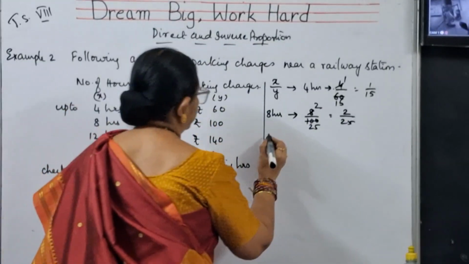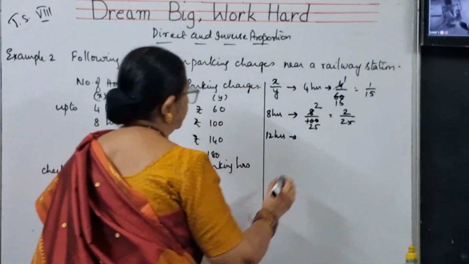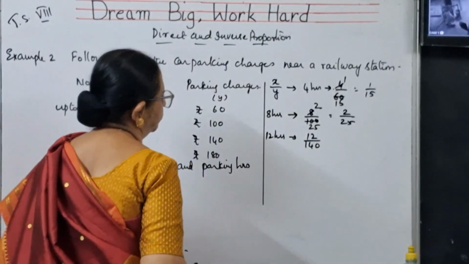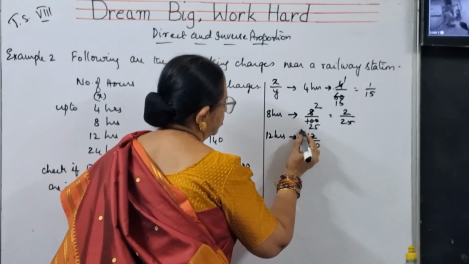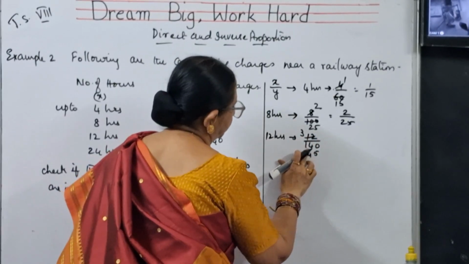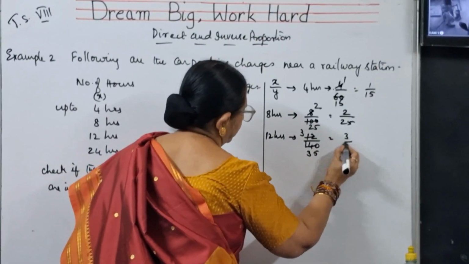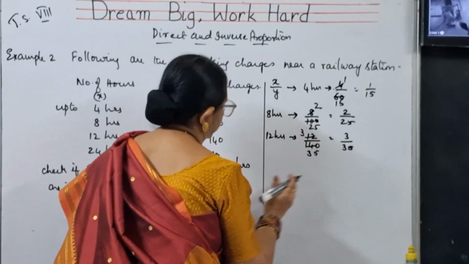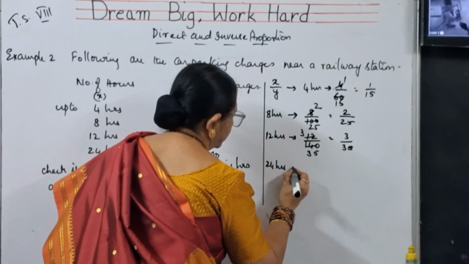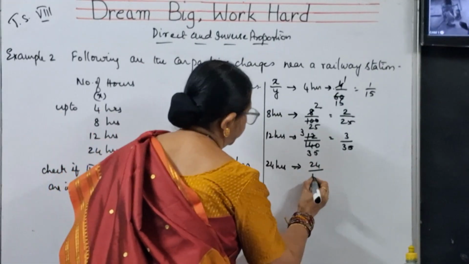And the next one, 12 hours. 12 hours, it is 12 by 140. 12 by 140 means 4 threes are 12, 4 fives are 20. That is 3 by 35 you are getting. And the next one, 24 hours. 24 hours, 24 by 180.